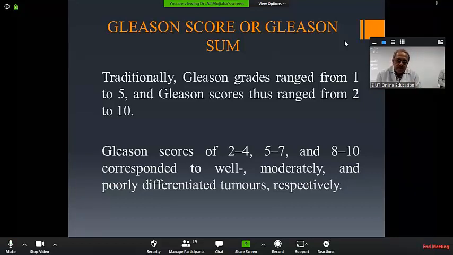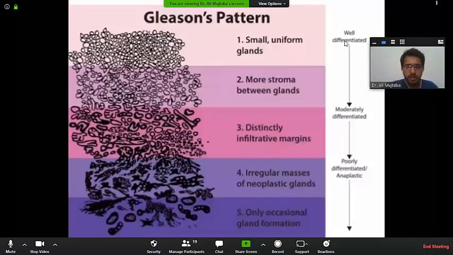These are the five grades of Gleason grading, grade 1 to grade 5. Grade 1 and grade 2 correspond to well differentiated tumors. Grade 3 corresponds to moderate tumors, and grade 4 to 5 indicates poorly differentiated tumors.